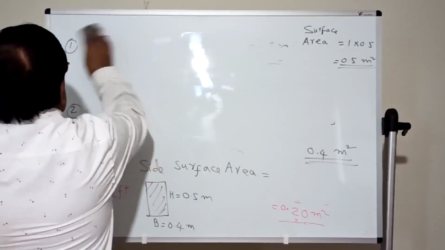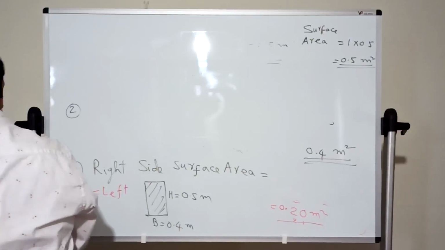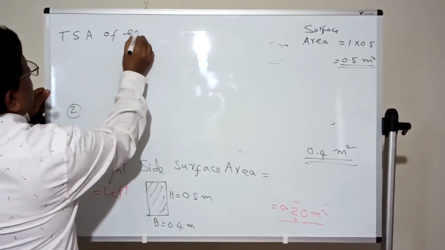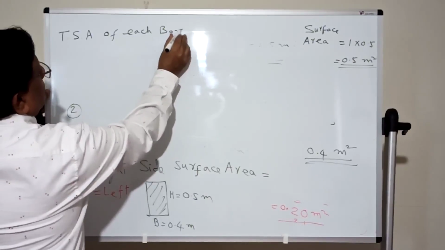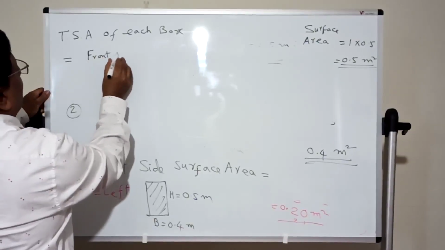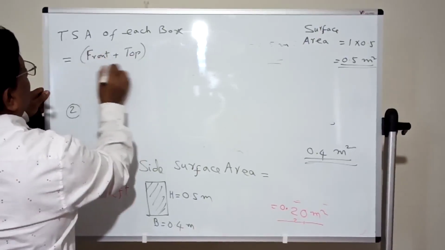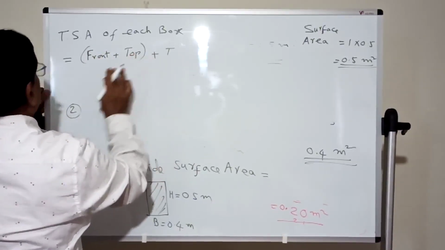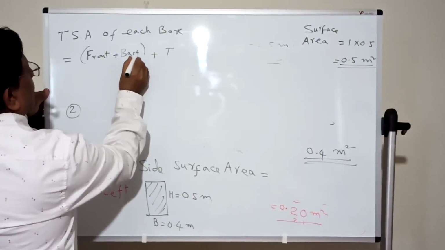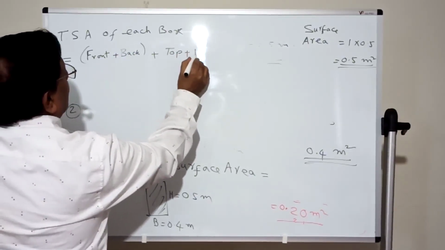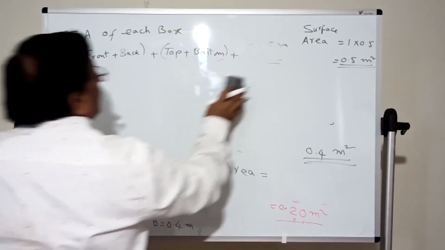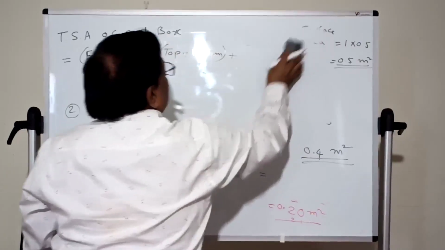So TSA of each box is equal to total surface area, which means front and back, top and bottom, then the third pair is right and left.